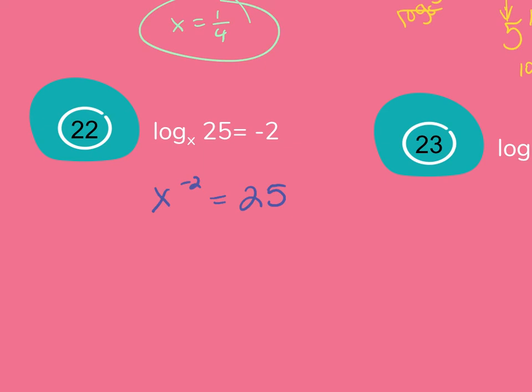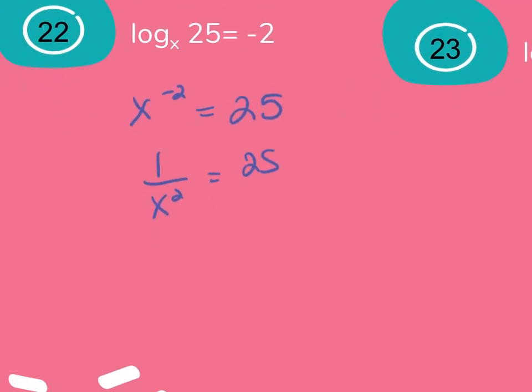If I could, I would square root it, plus or minus 5. How do I get rid of the negative? Put it in a fraction. 1 over x squared equals 25. Now what? I can cross multiply. I can put this over 1, and I get 1 equals 25x squared.